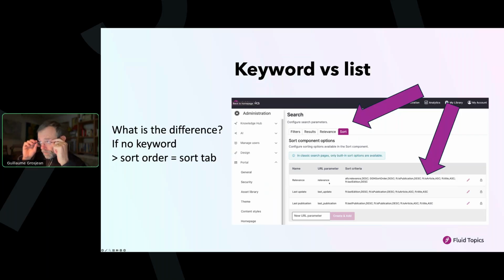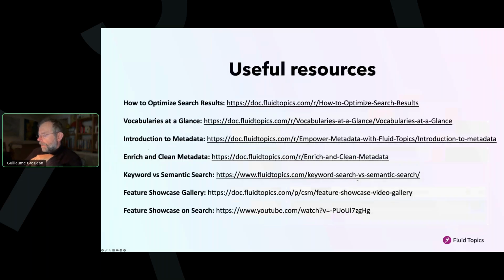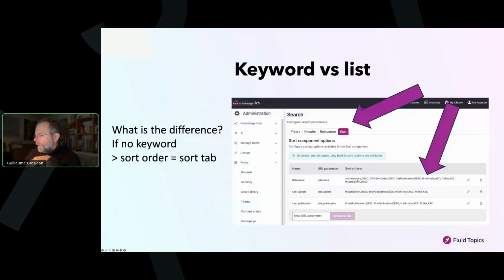When you don't use any keyword, you see that relevance is the first sort criteria in a list. That is this one. I don't know if I can show you exactly what I want to show you.